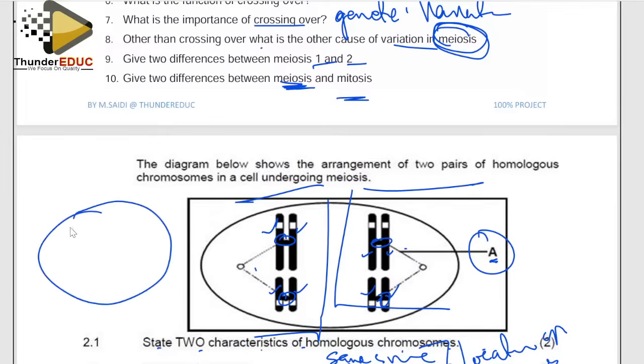So if I draw a cell here, you need to draw it properly. This one is like that, and this is shaded. And then this one is like that, and this is shaded.